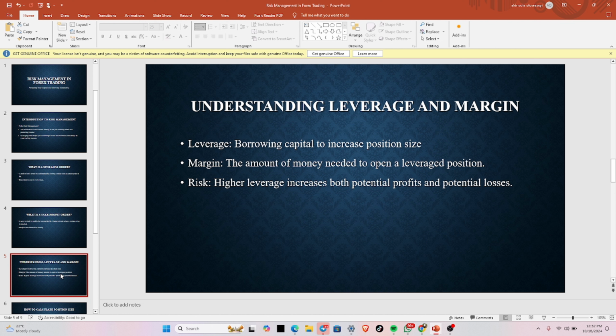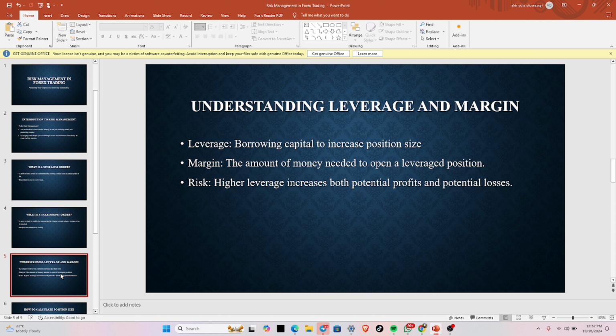For example, you have $50 capital. A leverage of, let's say, 10 will give you access to use the same position as someone having an initial capital of $500. Now, margin. Margin is the amount of money needed to open a particular leveraged position. Do you get that?